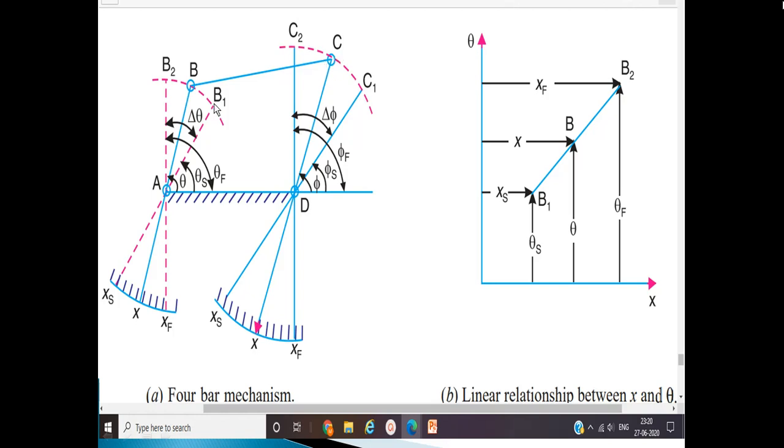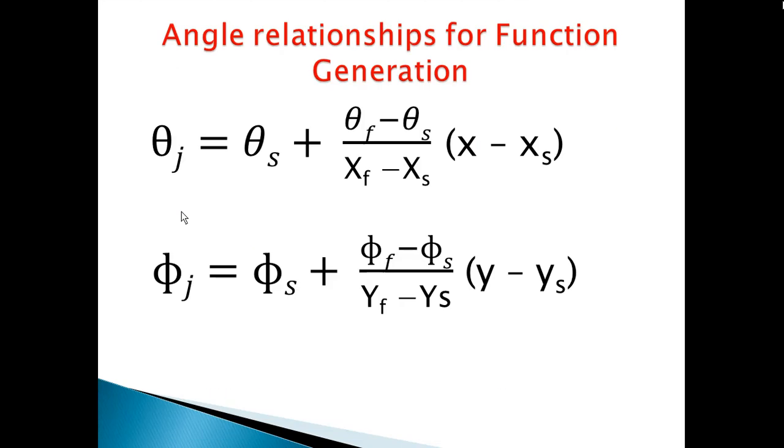So for the angular calculation, or the angular relationship for function generation, how can you calculate the values of the input from the given starting and finish points?